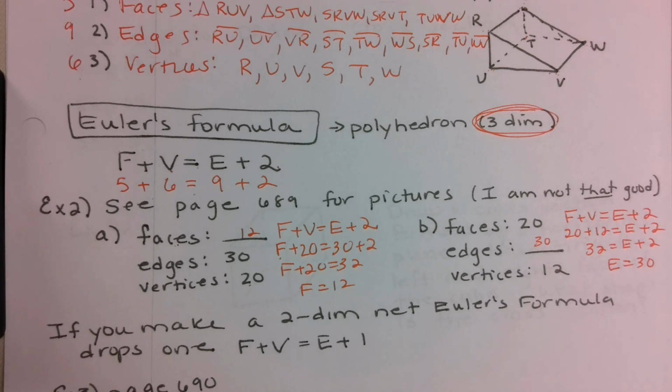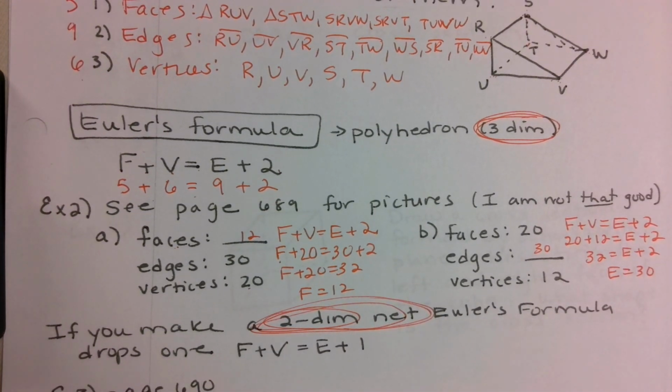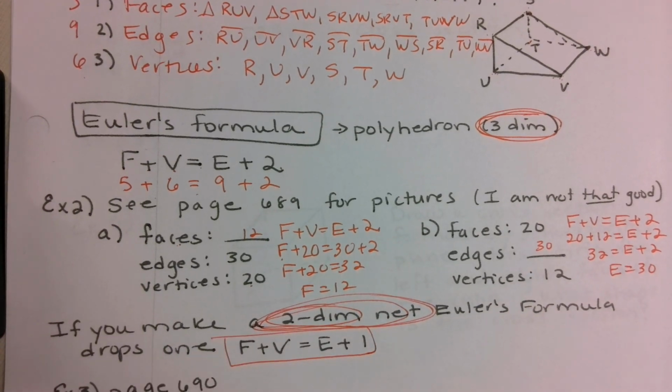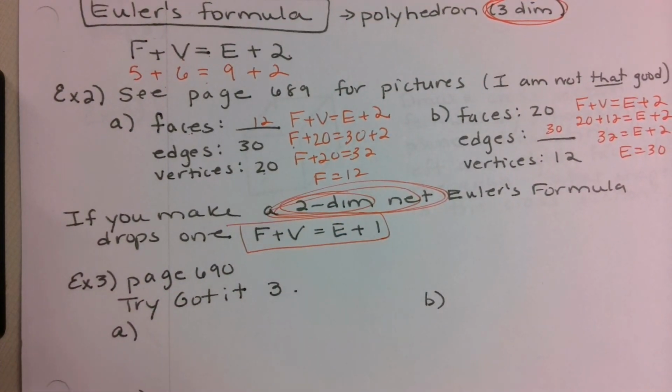But if you were to take those three-dimensional figures and make them into an actual net, so you opened it up and wrote it flat into a two-dimensional figure, I should have circled that whole thing, a net, what formula would work for a net? It drops by 1, if you notice. So if you flip to 690 in your book, you will see what's called a trapezoidal prism there.